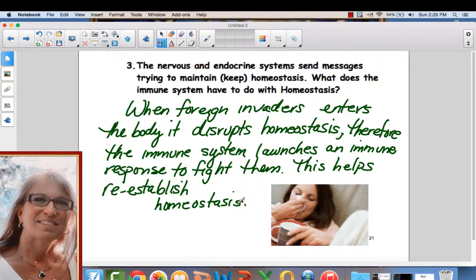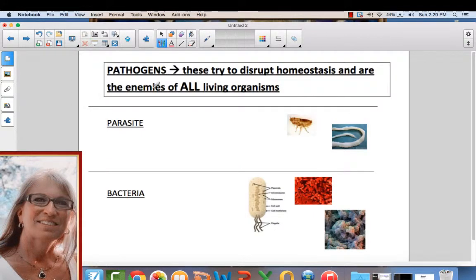Okay, before we understand how all of this works, there's a couple of different types of pathogens or foreign invaders that we need to know about. So remember, our pathogens are our foreign invaders. These are the bad guys. So we have parasites. This is an organism that survives by feeding on another organism.